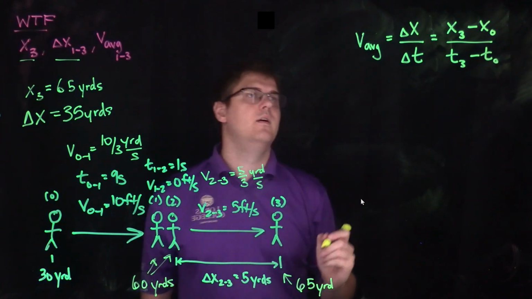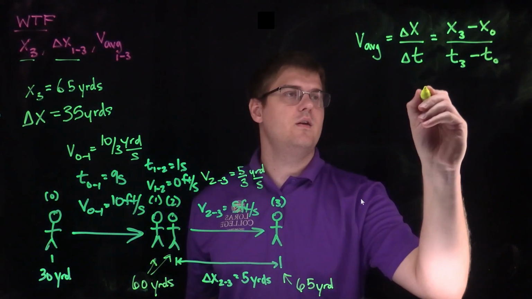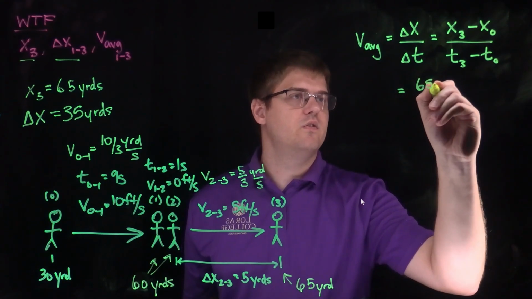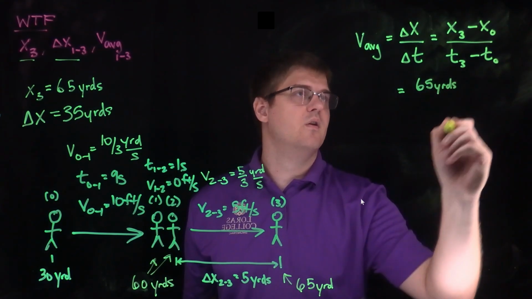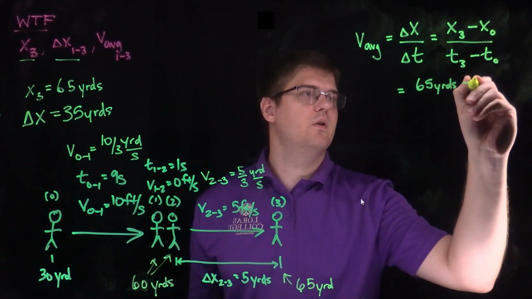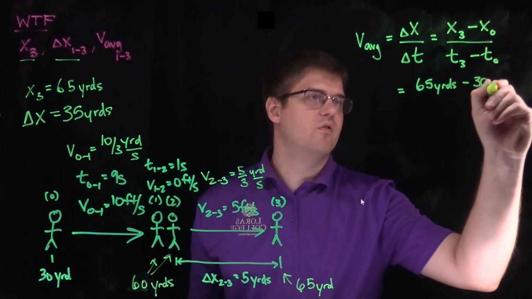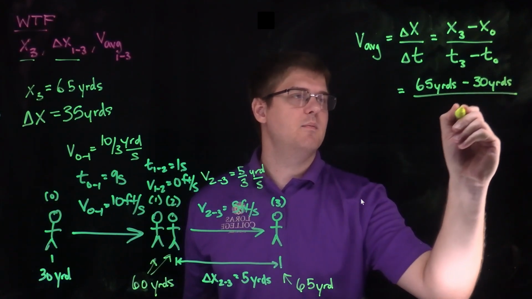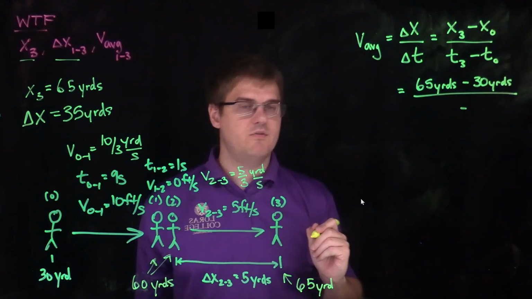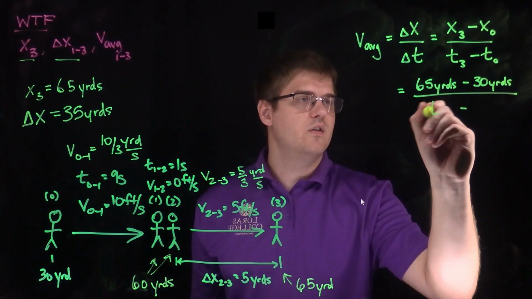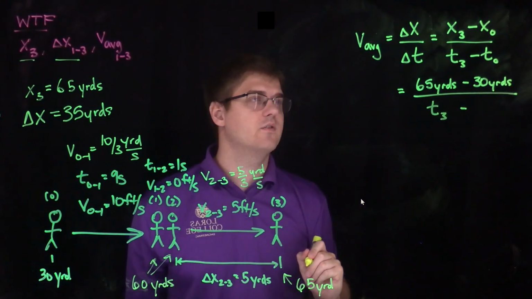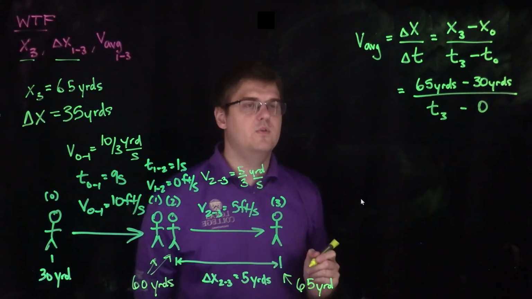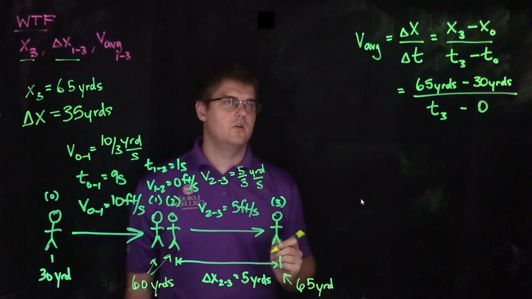Okay, well, my position at time 3 is going to be 65 yards. My position at time 0 is 30 yards. My time at time 3, we have to figure out still. That's still an unknown. We're going to have to use something else to find that. And my time at time 0, we're going to say we start at a time of 0 seconds.